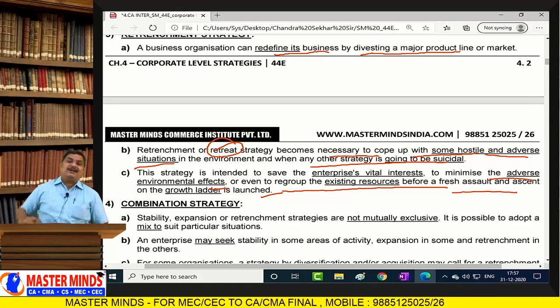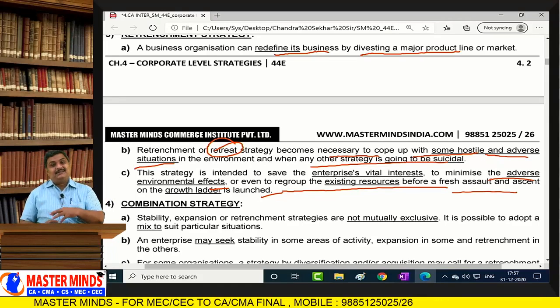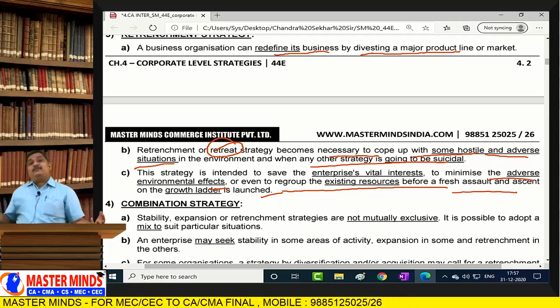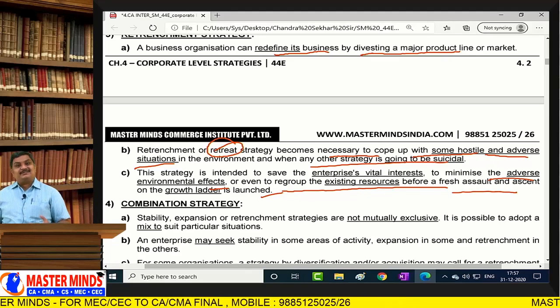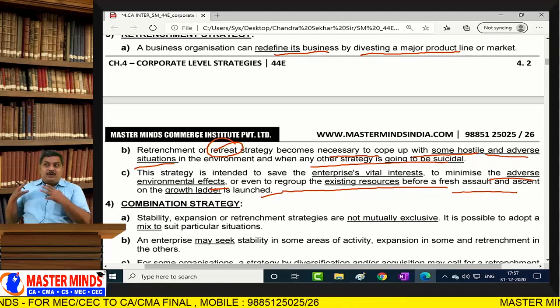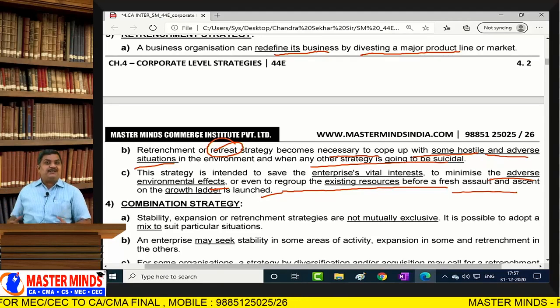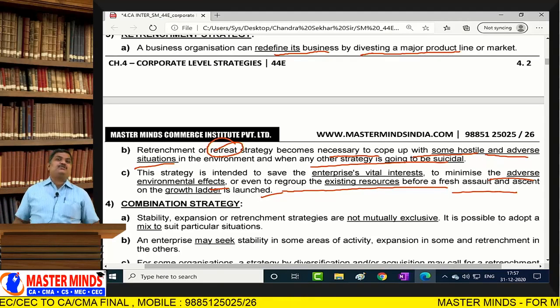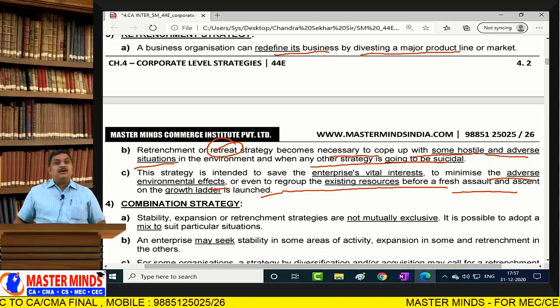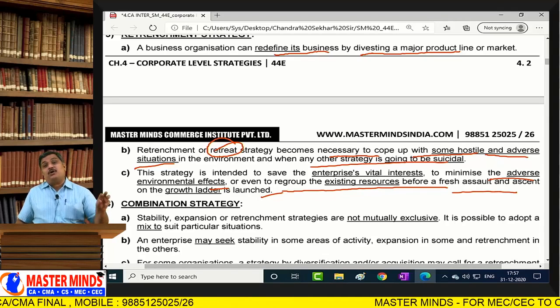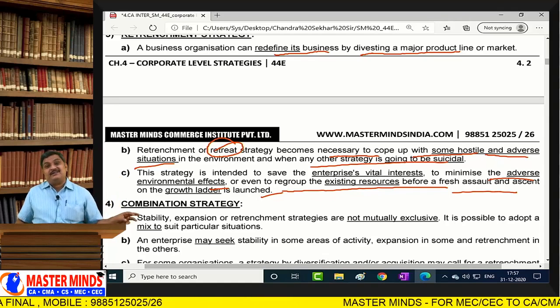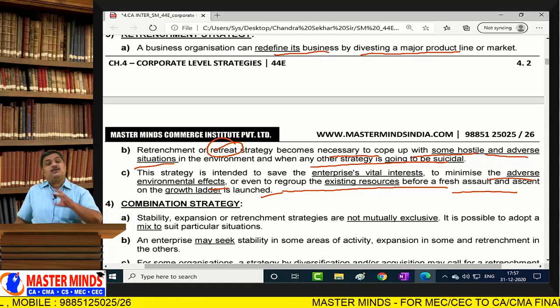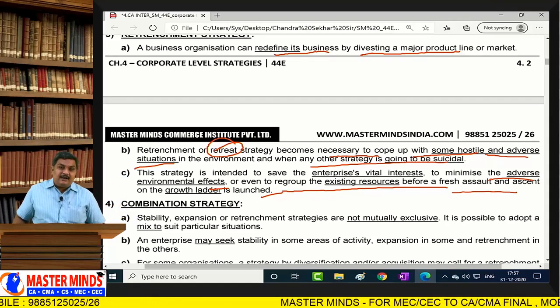Ascend means go to the top. And assault: sometimes there may be a big danger. So in order to escape from the danger, you have to retrench your business. So retrenchment is not always done for negative reasons. For some positive reasons also, retrenchment will be done.